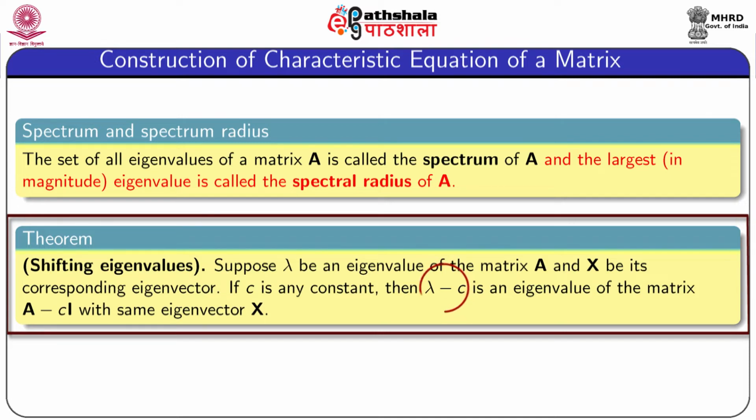Then lambda minus C is an eigenvalue of the matrix A minus CI, where C is a scalar and I is the unit matrix of the same order as A, with the same eigenvector x. That is, if lambda is an eigenvalue of the matrix A, then lambda minus C is an eigenvalue of the matrix A minus CI. This property is known as the shifting eigenvalues property.